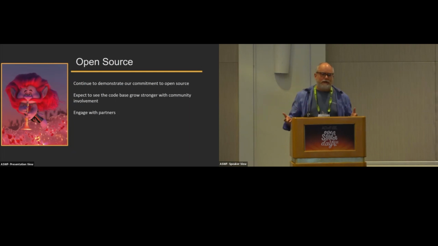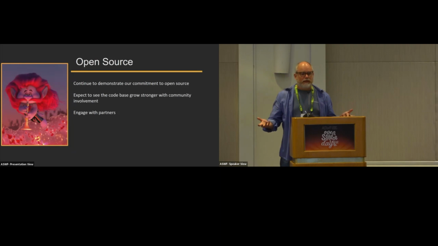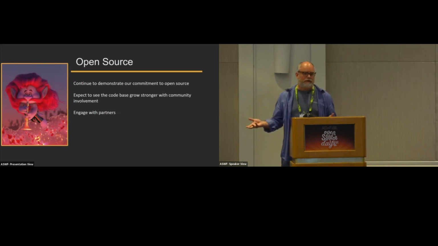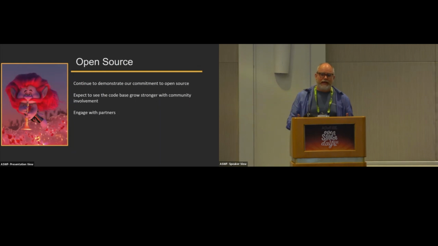We want to engage with partners. Giving this renderer away is very altruistic of us, except that we're also looking for selfish benefits. So, access to the super smart developers in the open source community, finding a way to control our own destiny, to pool our resources to go forward. And also, if we would like to use this at partner studios of DreamWorks, having people out there that already know it, that don't have to be taught it, having availability with our vendors is of value to us.